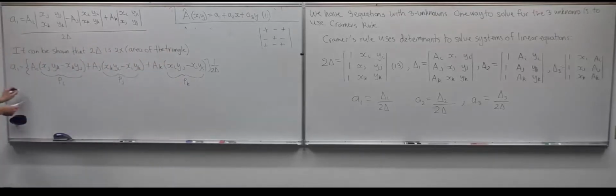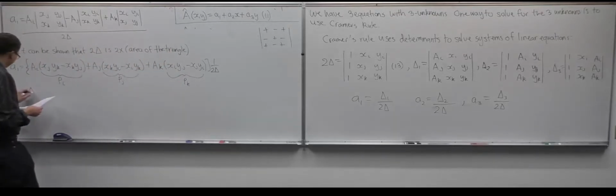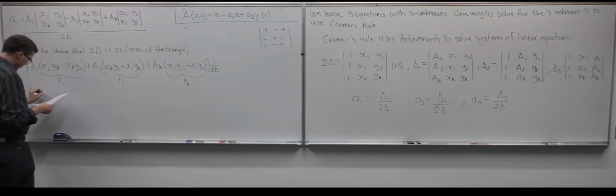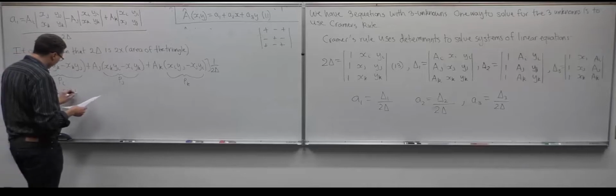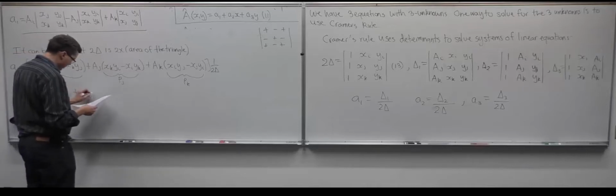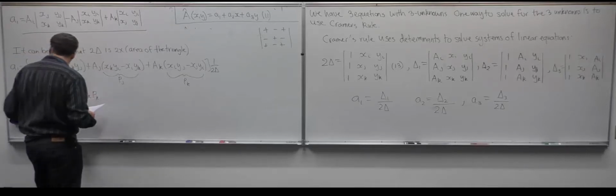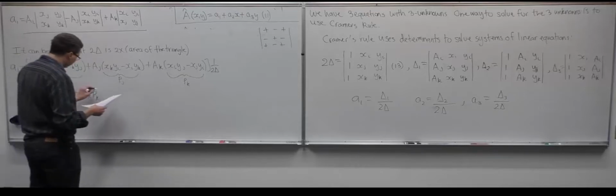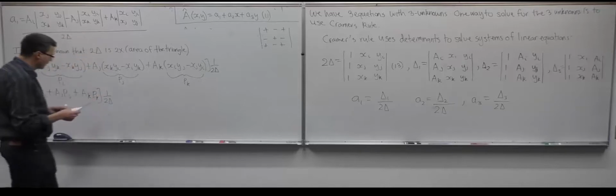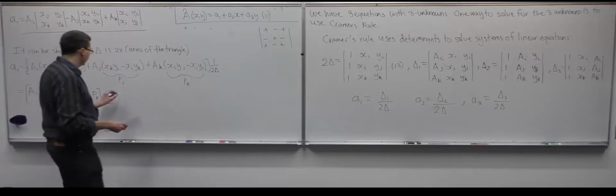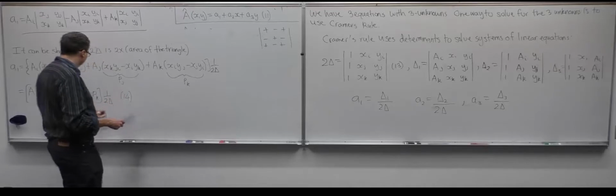When I do that, we have a_i p_i plus a_j p_j plus a_k p_k, like that, and that's multiplied by 1 over 2 delta, and that is equation 14.